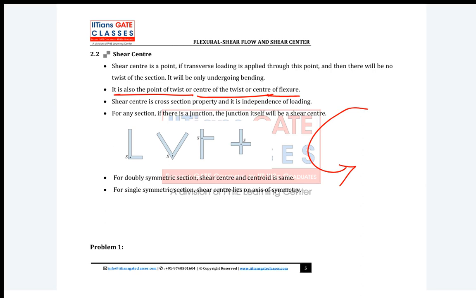That point is the shear center. So shear center is also the center of twist.